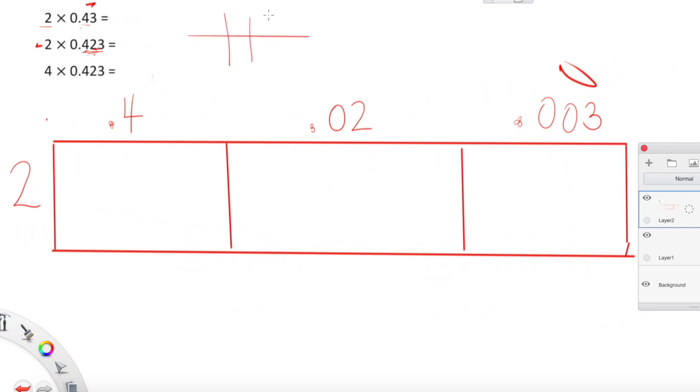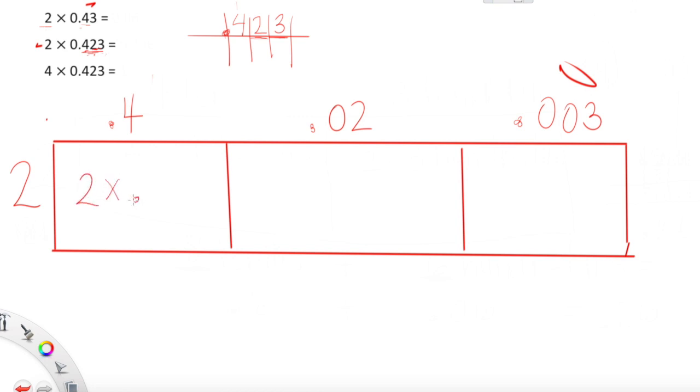Just think about that as if it were on our friend the place value chart, and you can see how this lines up: 4 tenths, 2 hundredths, 3 thousandths. Now what we need to do is write the expression inside each of our rectangles. Inside our first rectangle, we are going to have 2 times 4 tenths.